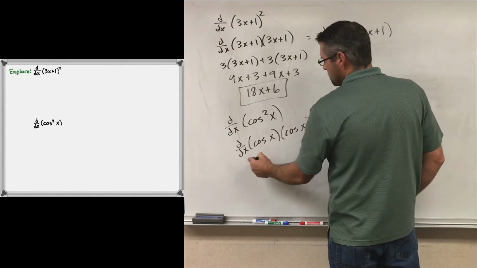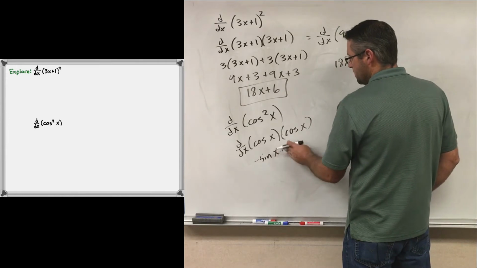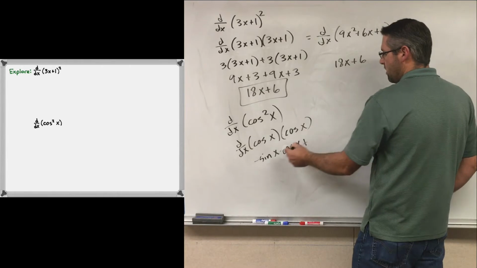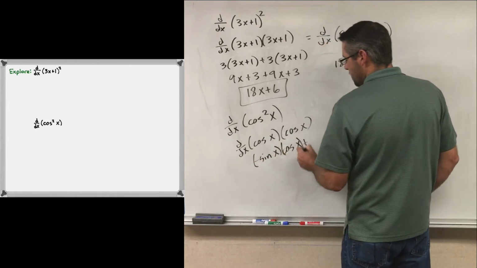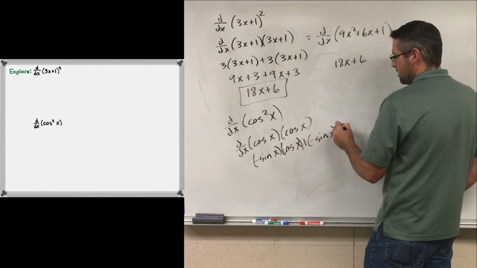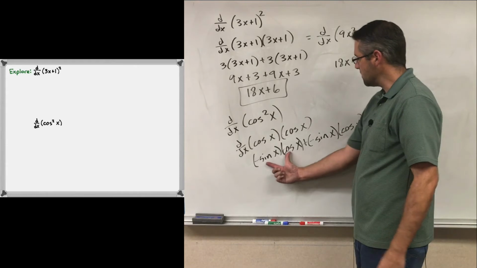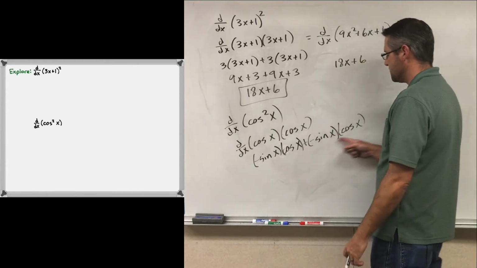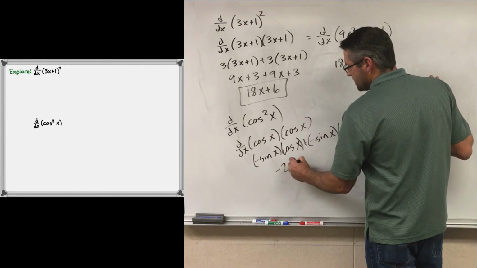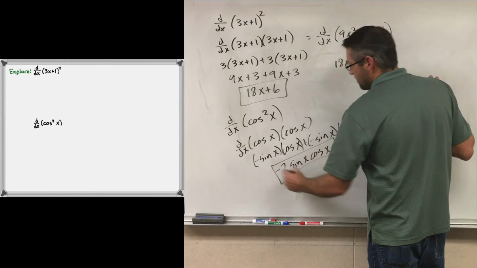So the derivative of cosine is negative sine, times the second thing, so times cosine, plus the derivative of, put parentheses around these, that's a good idea, the derivative of cosine is negative sine times the first thing, so times cosine. And then you can see we can simplify this. These are the same term, negative sine cosine, so we can combine those and say that's negative 2 sine of x cosine of x. And so that's our derivative there.